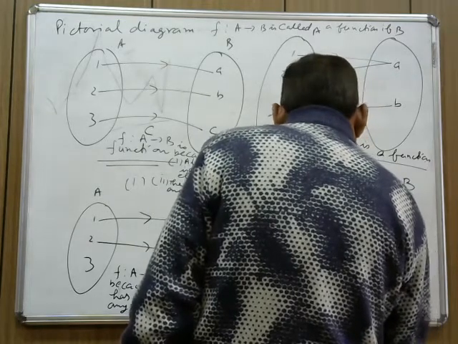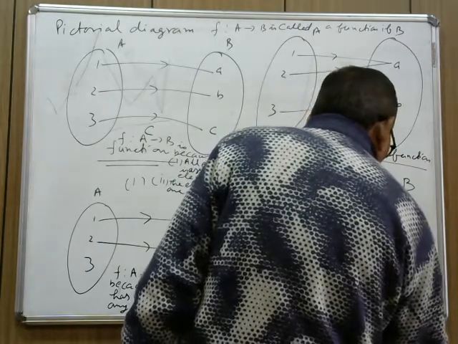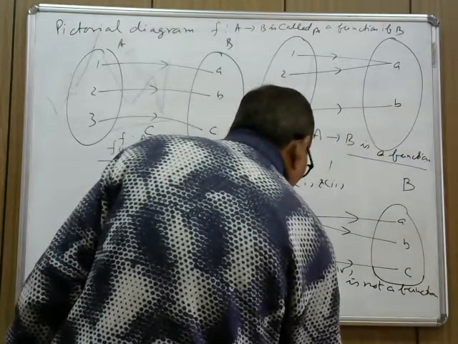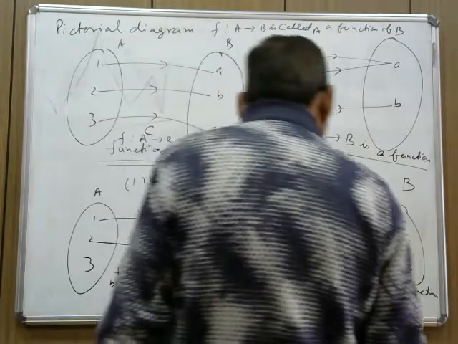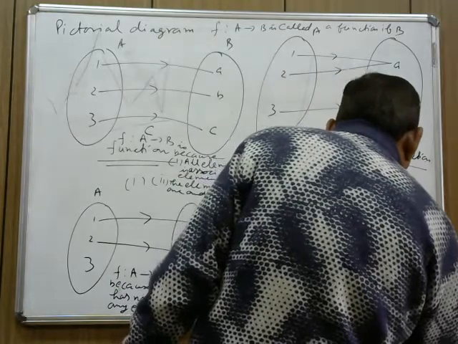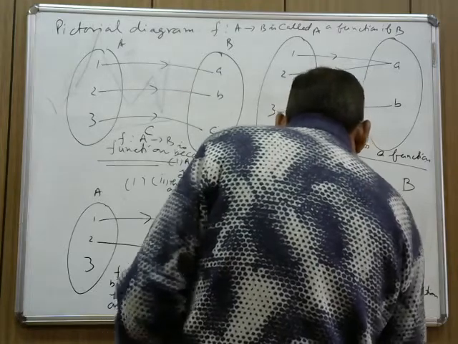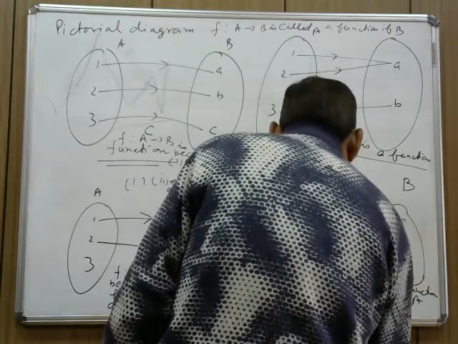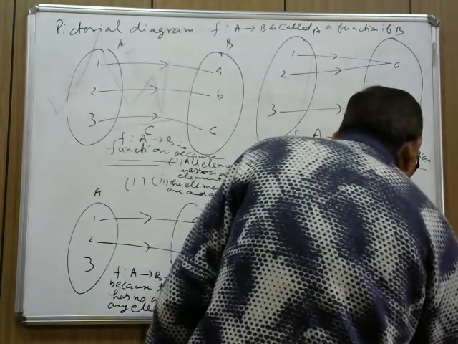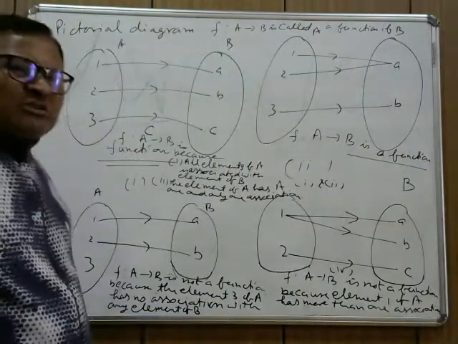Fourth, A to B, this relation is not a function because element 1 of A has more than one association, and consequently it does not have the unique association.